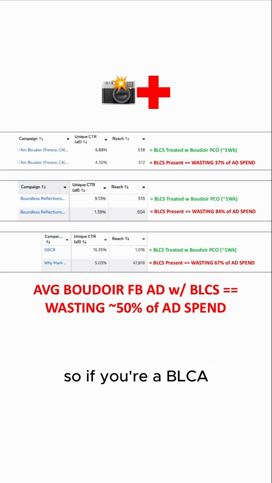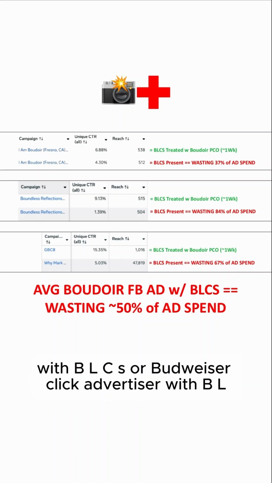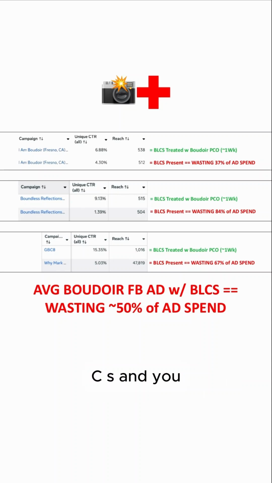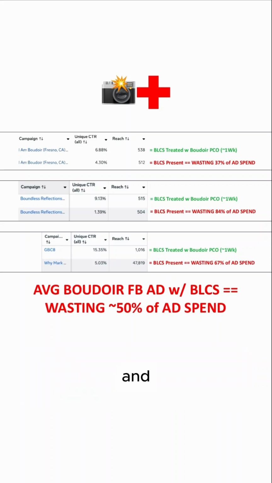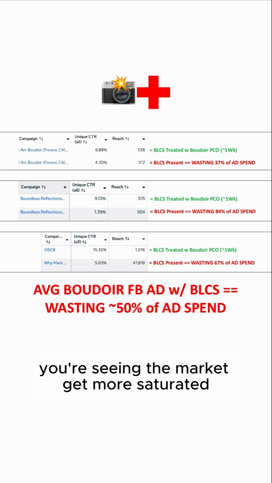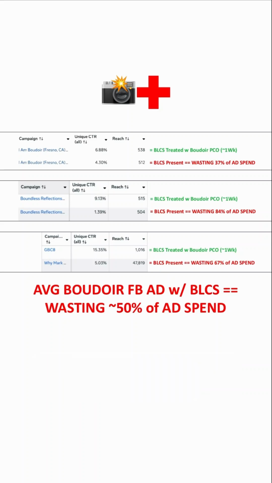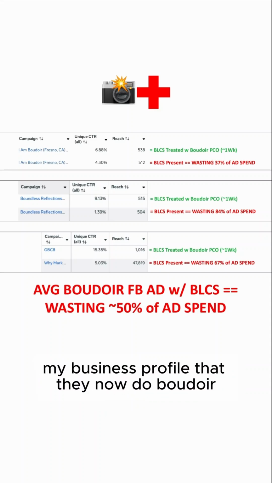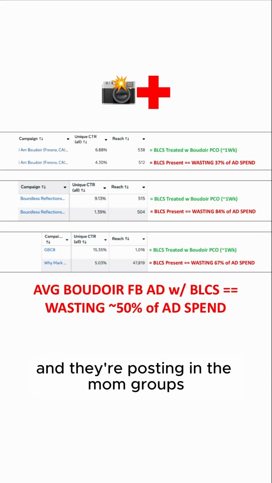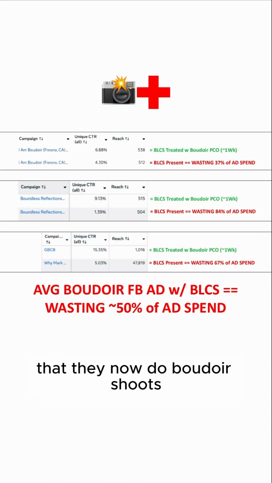So if you're a BLCA with BLCS, so Boudoir low click advertiser with BLCS, and you're spending more than 10 grand a month on Boudoir Facebook ads, and you're seeing the market get more saturated with more boudoir photographers. Anytime someone gets a new iPhone, they're throwing out their Google My Business profile that they now do boudoir, or they get a new camera and they're posting in the mom groups that they now do boudoir shoots.